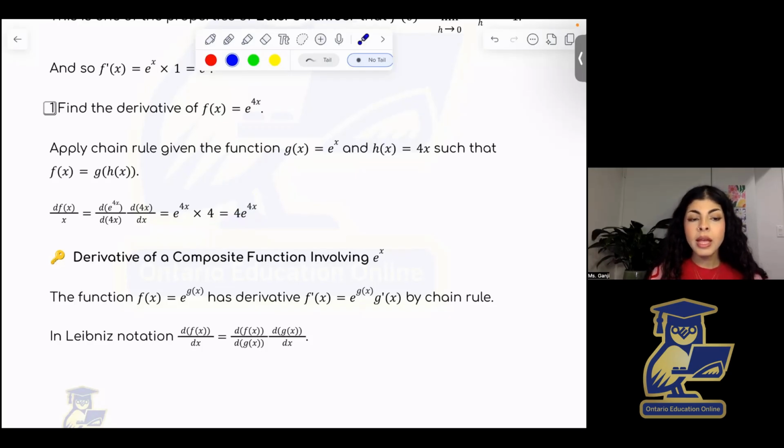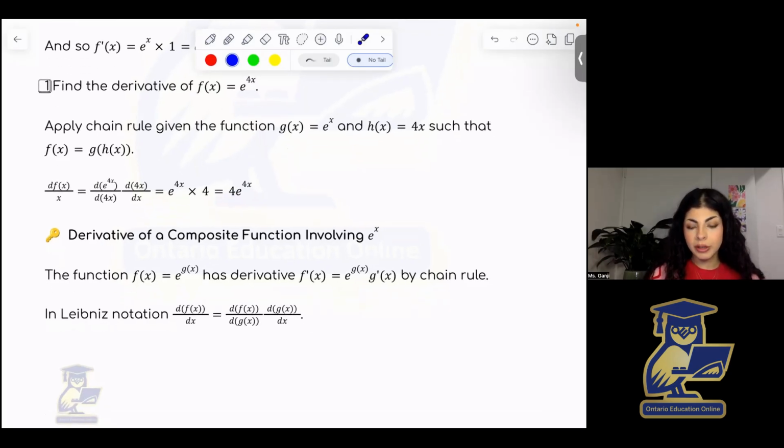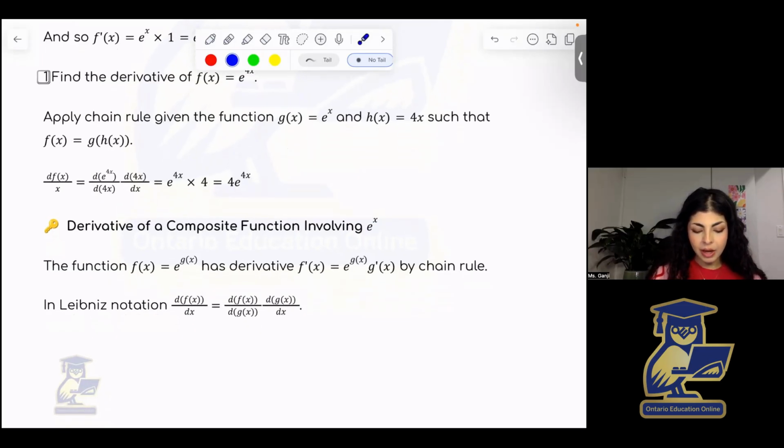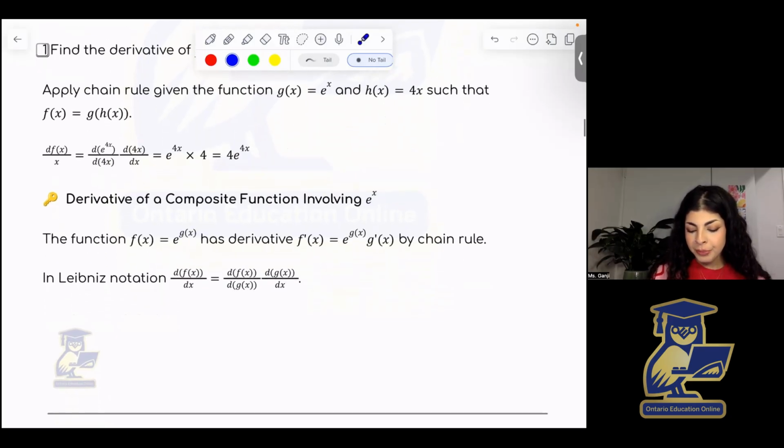So if you have a composite function involving e to the power of x, and specifically if it's of the form f of x is equal to e to the power of g of x, so your inner function is the exponent, then the derivative of the original function is the function itself.